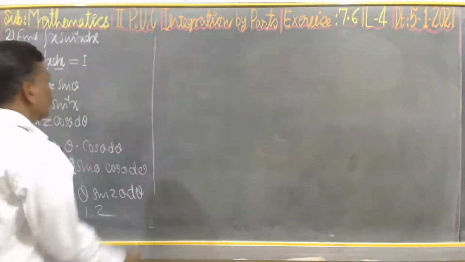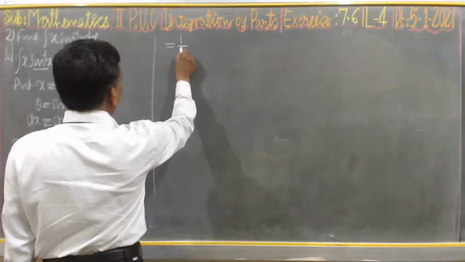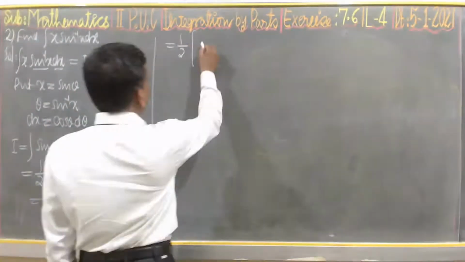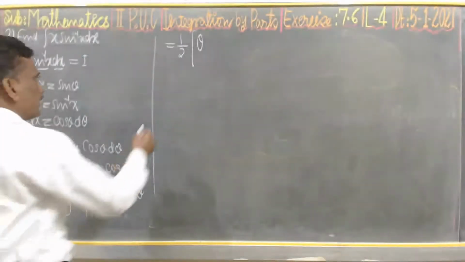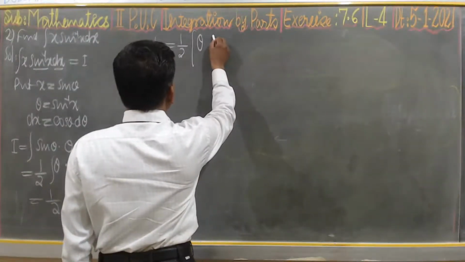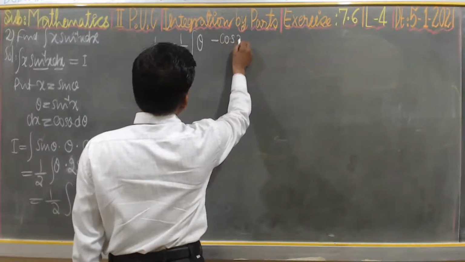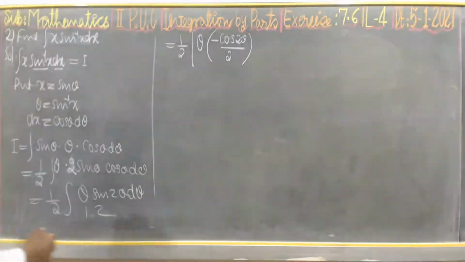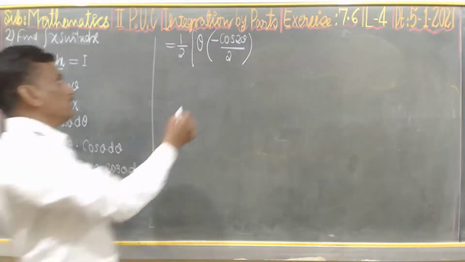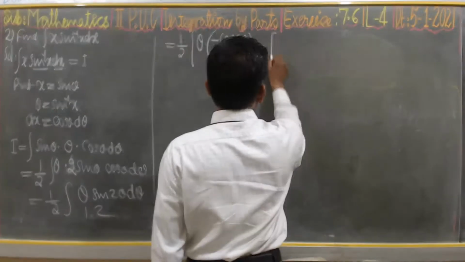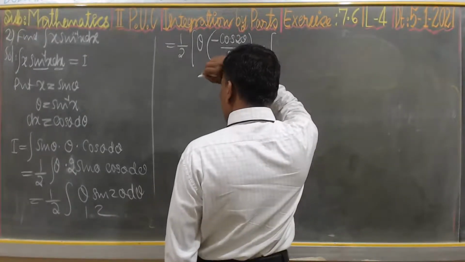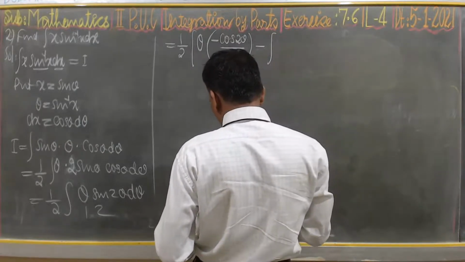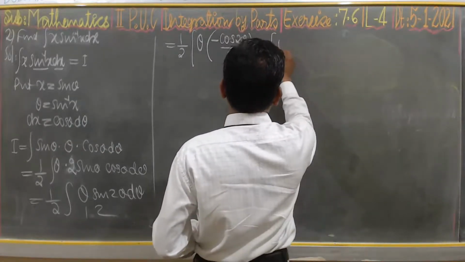According to that, this is equal to what? 1 by 2 is the common factor; the first function theta as it is, the integration of sine 2 theta is minus cos 2 theta divided by 2. And next, minus the integration symbol: differentiation of the first function, the differentiation of theta with respect to theta is 1, you may write or may not write.